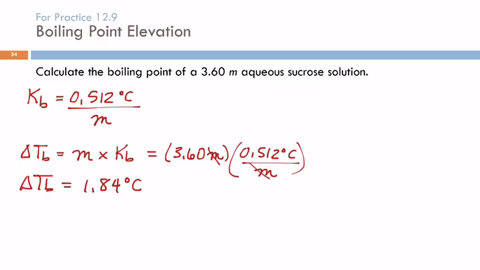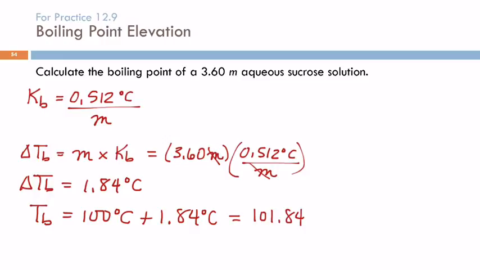It expands the temperature range over which it remains a liquid. So then the new boiling temperature is going to be 100, which would be considered to be an exact number, plus 1.84. So 101.84 degrees Celsius would be the answer. Any questions?